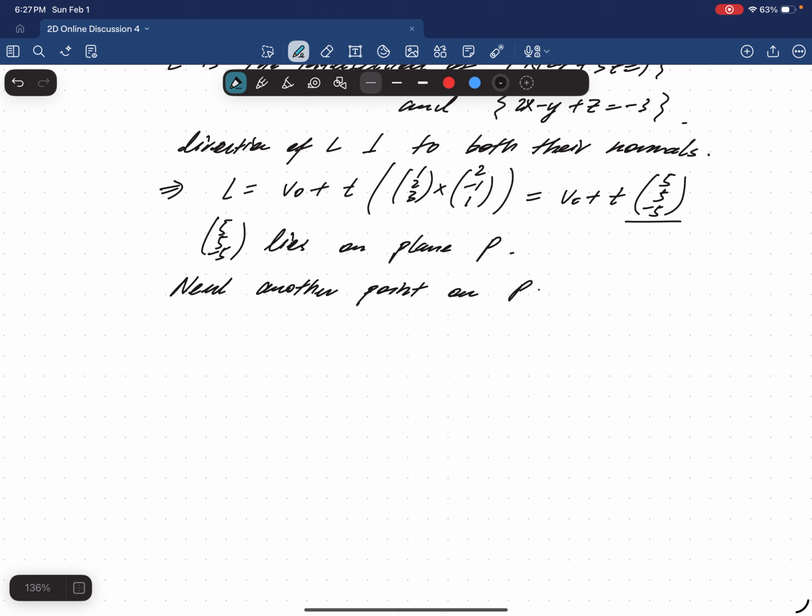Notice that my line L is V0 plus t times (5, 5, -5). No matter which V0 I choose, V0 plus t times (5, 5, -5) equals (a, b, 0) always has a solution.